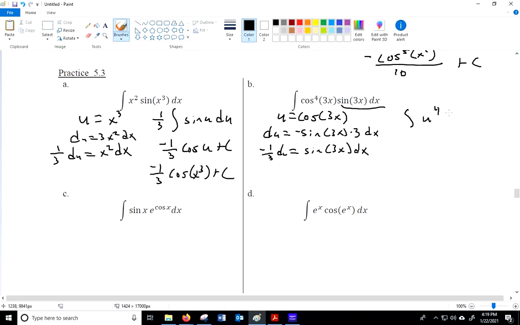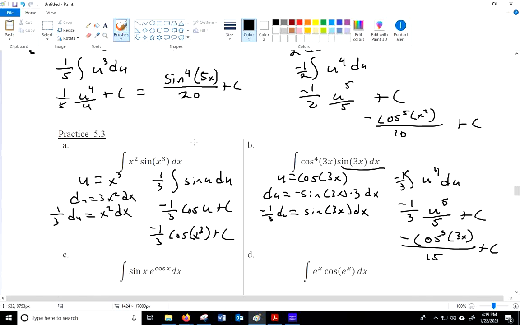Sine 3x dx became negative 1/3 du. So we get negative 1/3 u, which is cosine. Oh, no, I'm not done integrating yet. I'm sorry. U to the 5th over 5 plus c. Now I'll simplify and plug in. U is cosine, so cosine to the 5th power of 3x over 15 plus c.